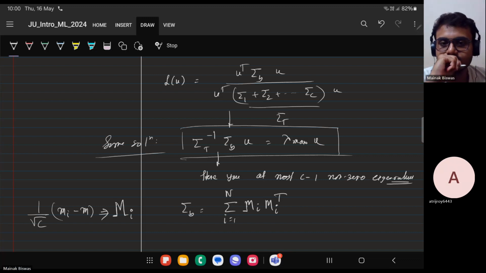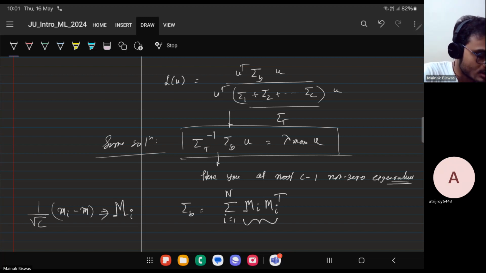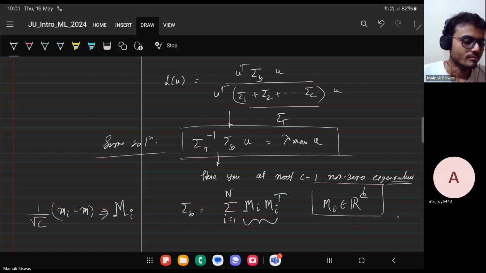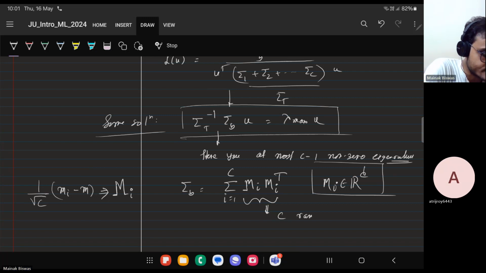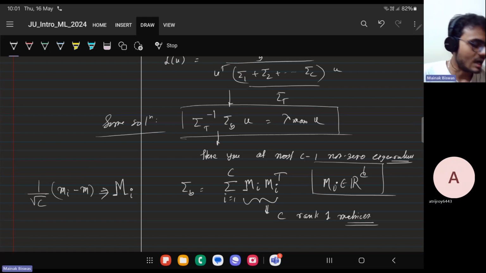Now you can treat this as a simple linear problem. Capital M, remember, is in R to the power D dimension only. It's not a matrix. So these are all rank 1 matrices, C of them. C rank 1 matrices. Do you agree? Now, if I tell you the sum of Mi, i equal to 1 to C, what will you get?